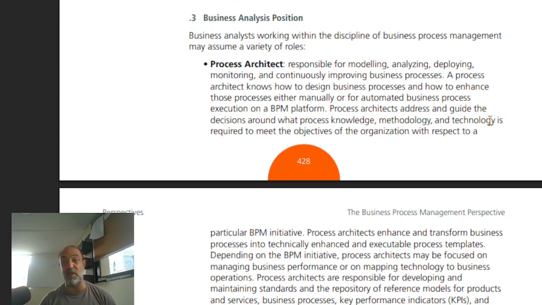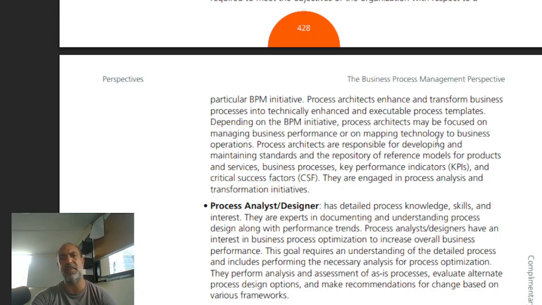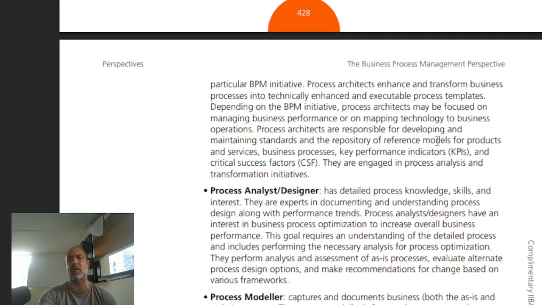Process architects guide decisions on what process knowledge, methodology, and technology is required to meet the objectives of the organization with respect to a particular initiative. The architects enhance and transform business processes into technically enhanced and executable process templates. Depending on the BPM initiative, process architects may be focused on managing business performance or mapping technology to business operations.